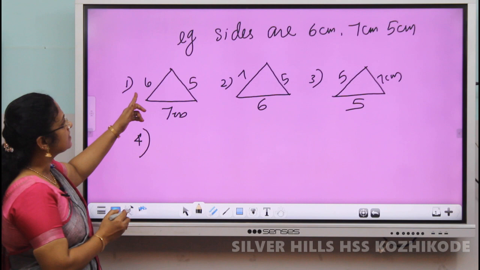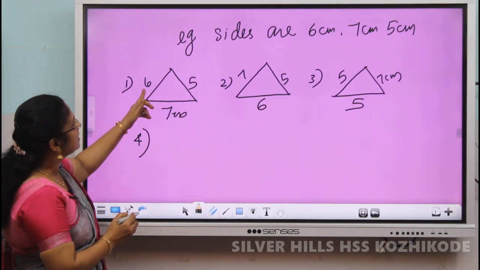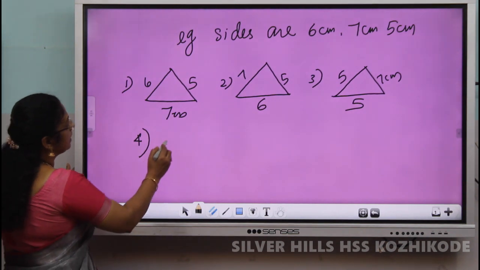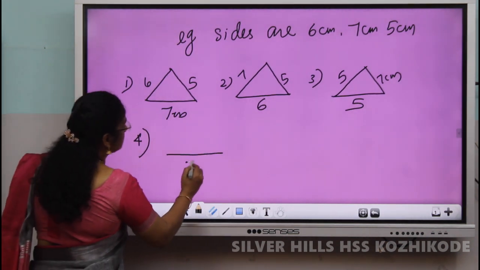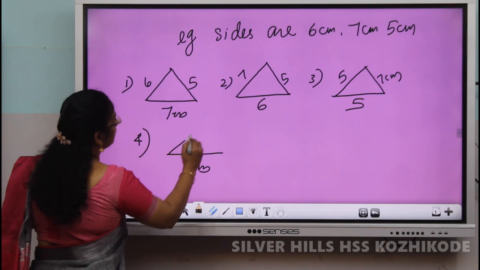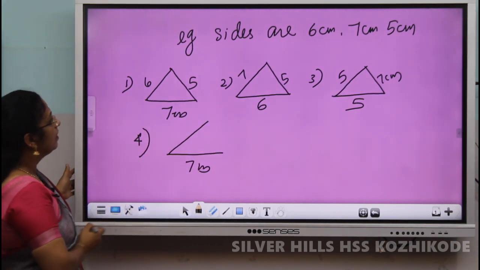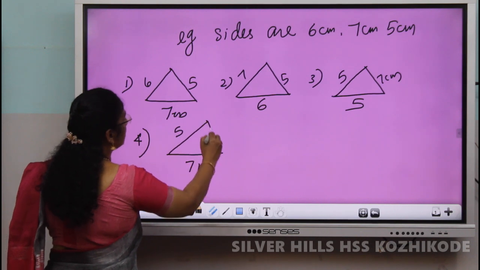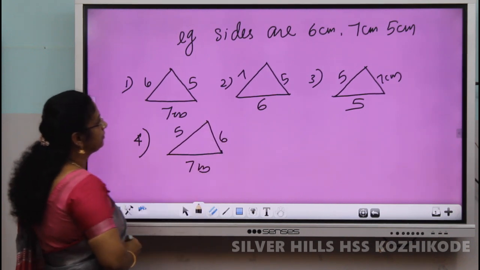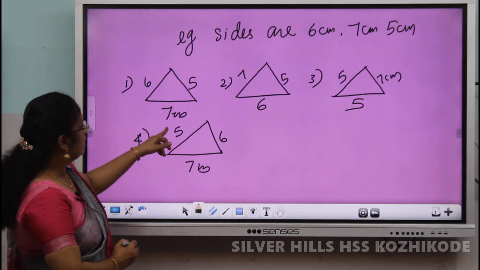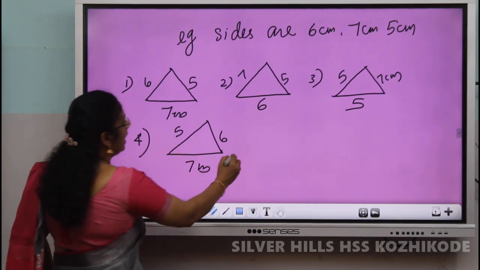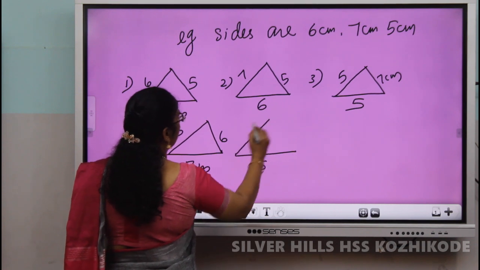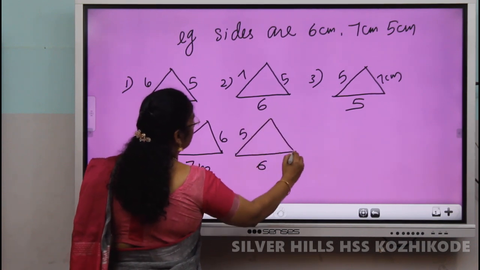Next, again 6 came only once in the left side. Now again 7 centimeter, then once again here 5 centimeter, here 6 centimeter. See 7, 5, 6 and the next one is 6, 5, 7.